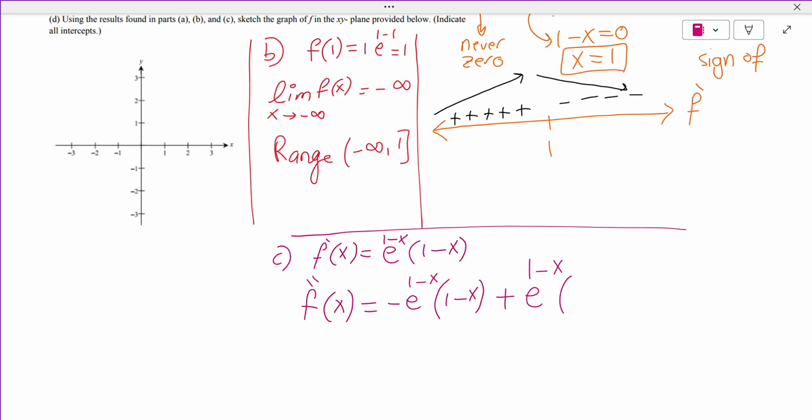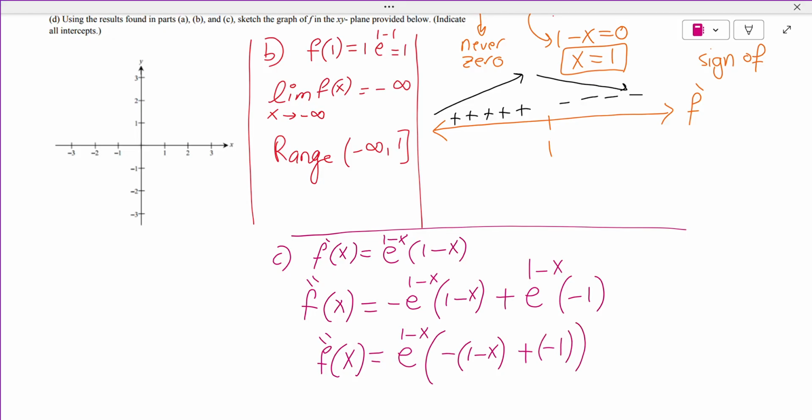The derivative of 1 minus x is minus 1. Let's just rearrange this. F double prime of x equals, well, we can factor out e to the power of 1 minus x. That leaves us with minus 1 minus x plus negative 1.